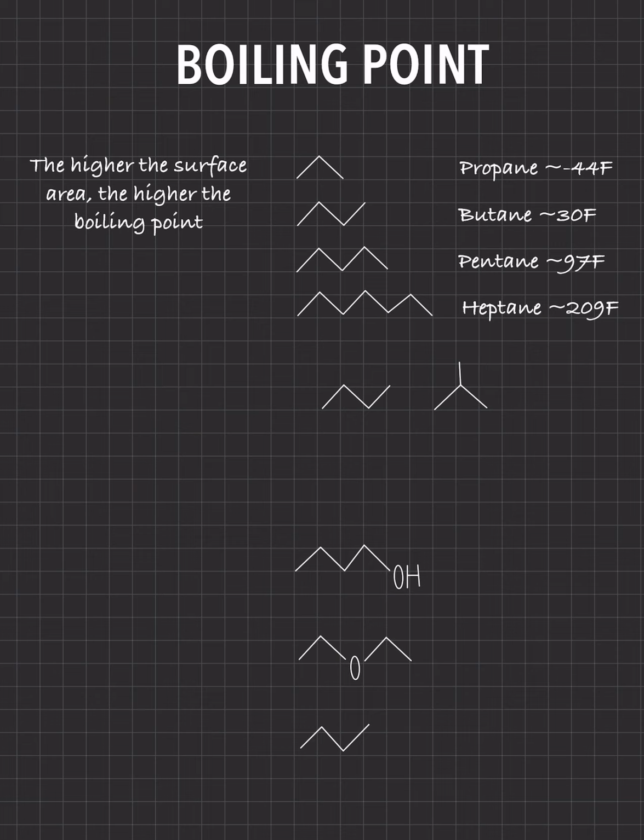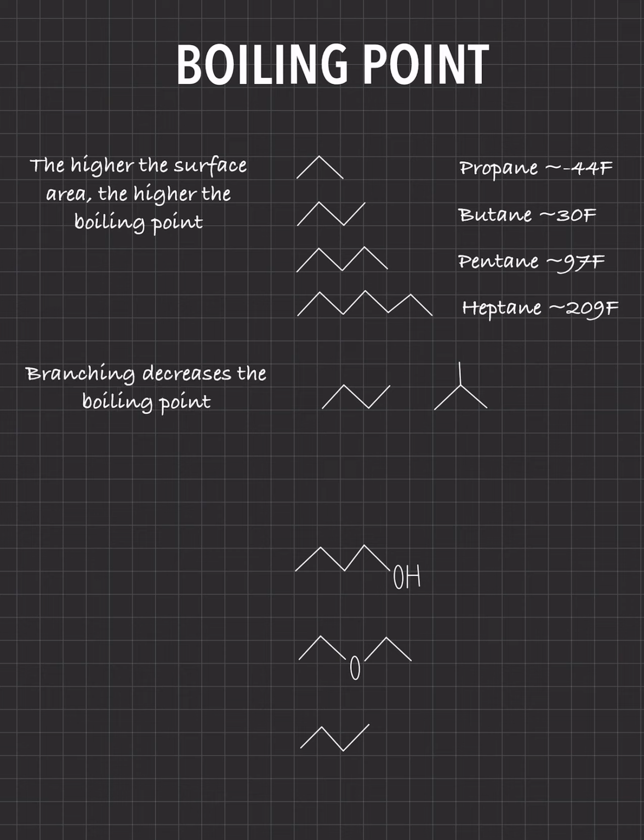So when comparing alkanes, yes, the longer chain is going to have higher surface area and a higher BP. Now, notice in this next example that both of them have 4 carbons, but one has branching and one doesn't. Isobutane has branching, and if you have branching, you're going to be decreasing the surface area. And what did we say about surface area? We said that the higher the surface area, the higher the boiling point. So if I'm decreasing the surface area through branching, then I'm decreasing the boiling point.